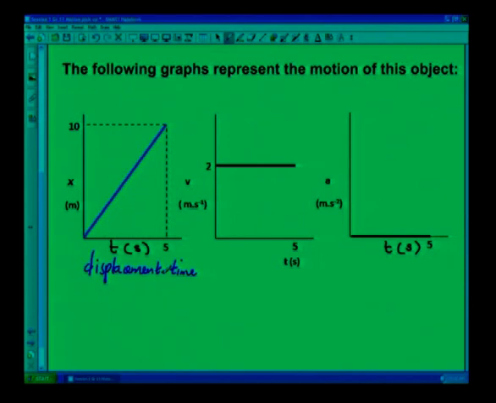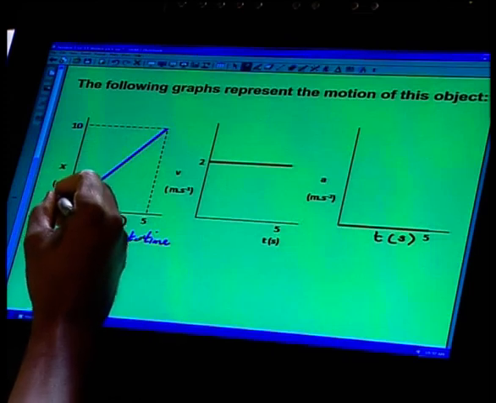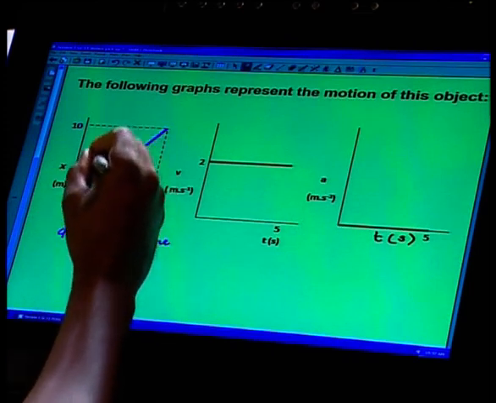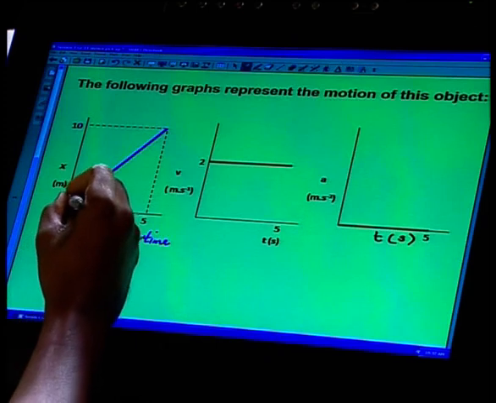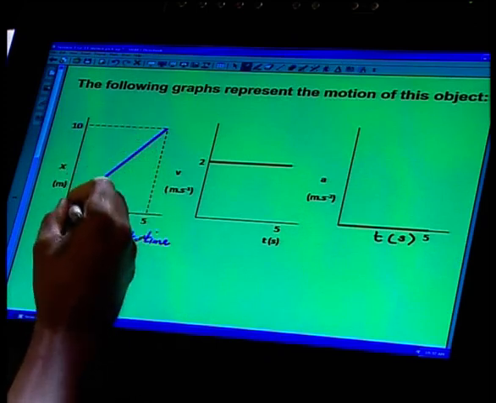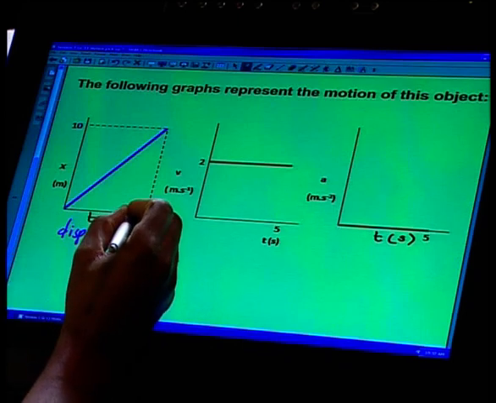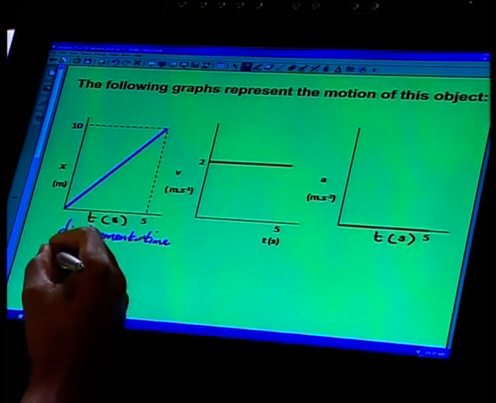So this shape here will be that of a displacement time graph for a uniform velocity. Displacement is changing in a manner that it changes with the same quantity within equal time intervals. So we've got a straight line like that.